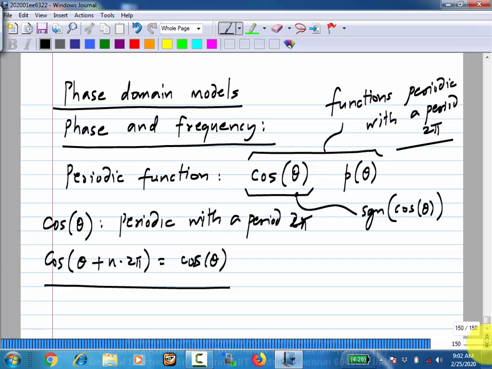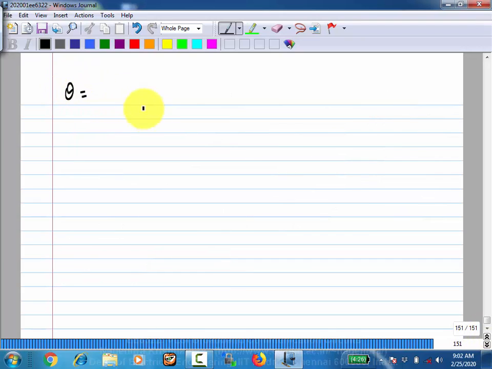So now let's say this theta is of this form, where t is time and theta is some proportionality constant omega naught times time.